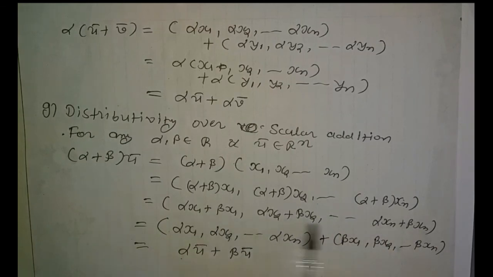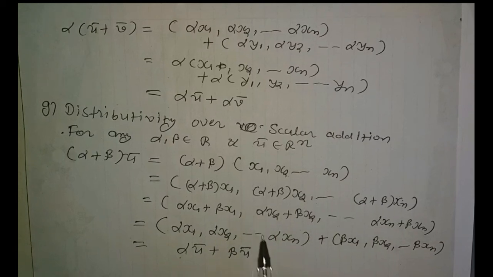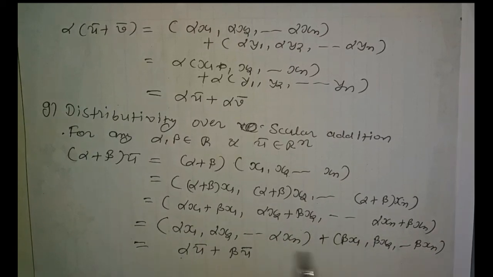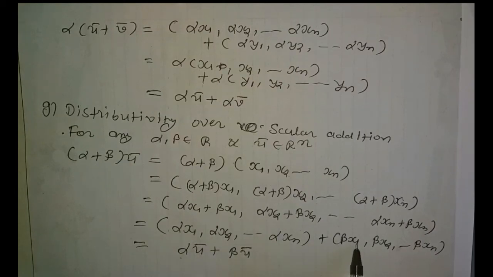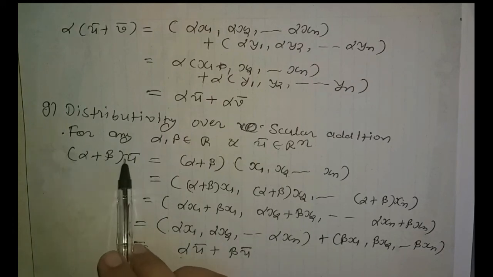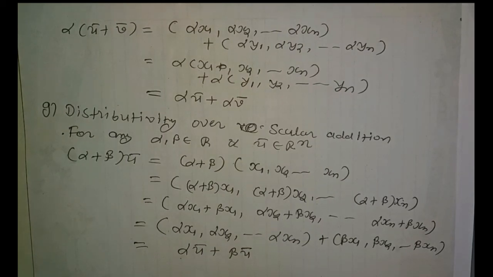From this we get the vector addition of two vectors: alpha x1, alpha x2, alpha xn added with beta x1, beta x2, beta xn. This is the scalar multiplication of alpha with u bar and the scalar multiplication of beta with u bar. So we get (alpha plus beta) u bar equals alpha u bar plus beta u bar. Hence distributivity over scalar addition is also satisfied.